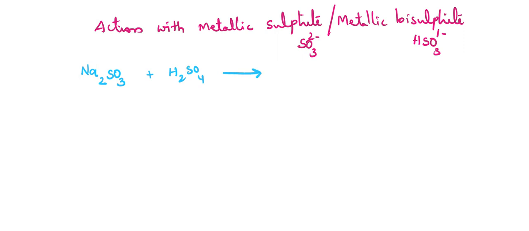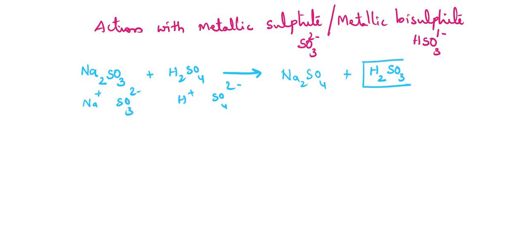Now you know how to write Na1 plus, SO3 2 minus, H plus, SO4 2 minus. Combine these, you will get Na2SO4 plus H2SO3, which is sulfurous acid. If you get sulfurous acid, split it and write water plus sulfur dioxide gas.